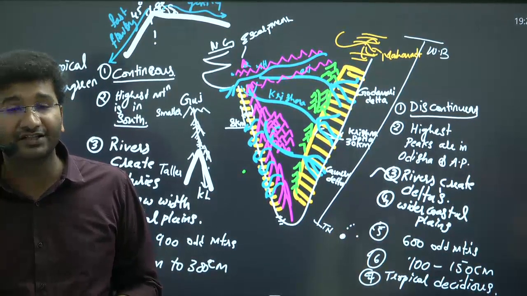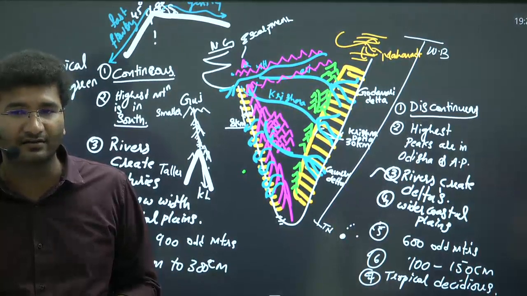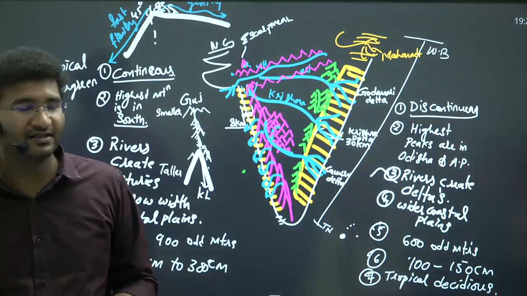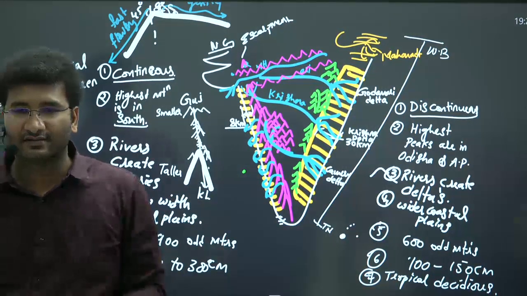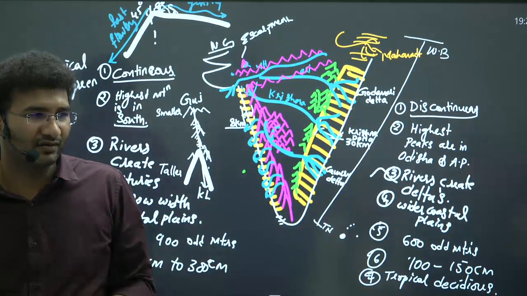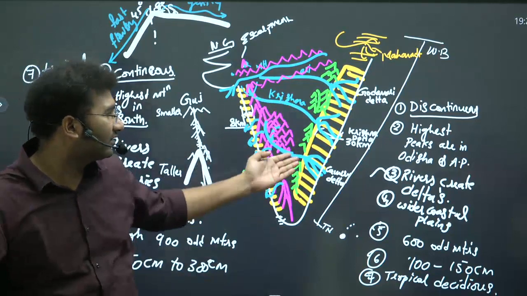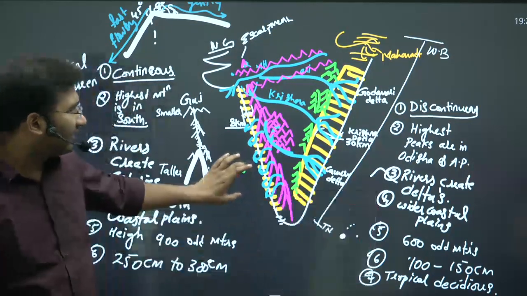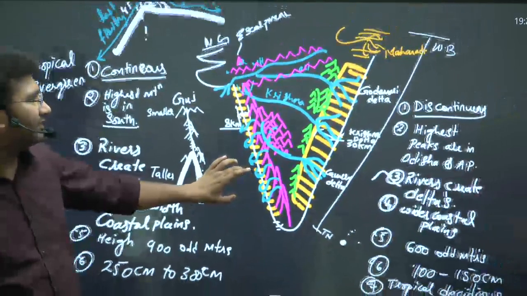Yes, glacier rivers are considered to be perennial. Okay? Non-glacier rivers are seasonal. Ganga flows all throughout the year. Godavari is not all throughout the year. Krishna is not, Kaveri is not. There will be water, but the flow will not be of the same intensity.